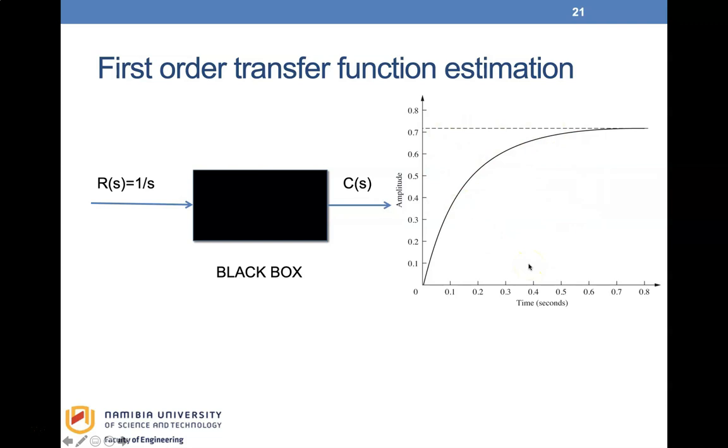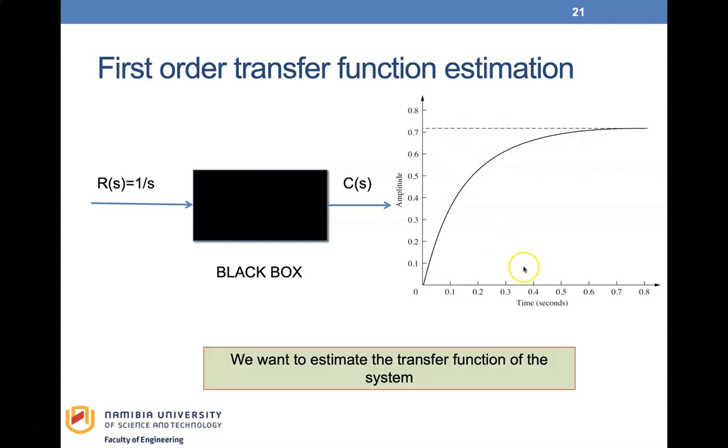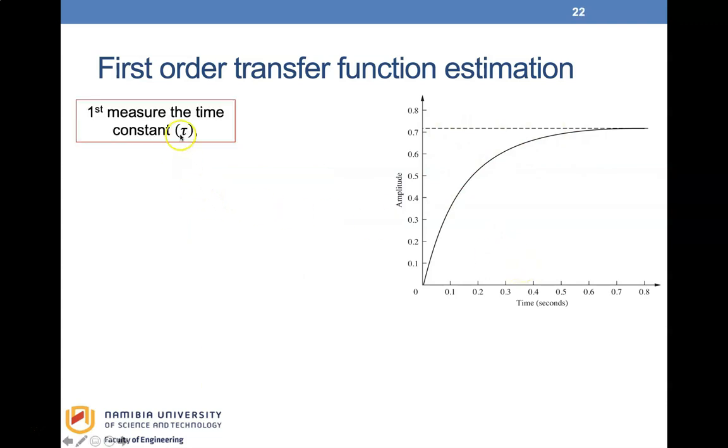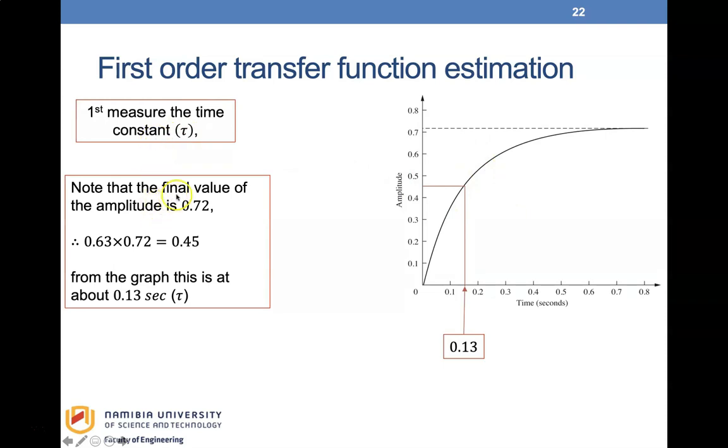Well, we know a few things. For example, we know that we can measure the time constant from this plot. How do we measure the time constant? We note that the final value of the amplitude for this system is 0.72. And we know that the time constant is reached at 63% of the final value. So the final value is 0.72.